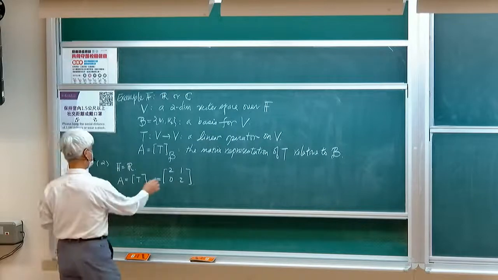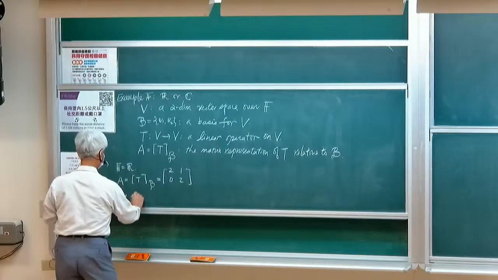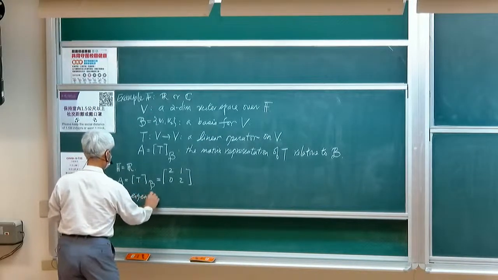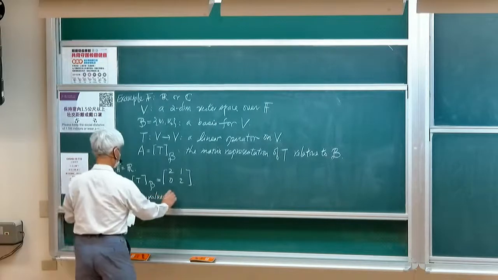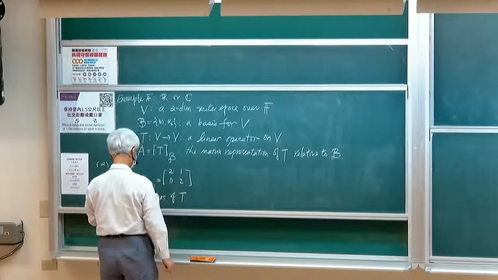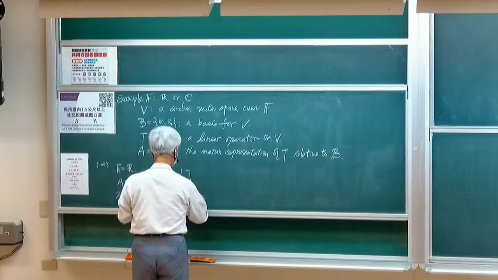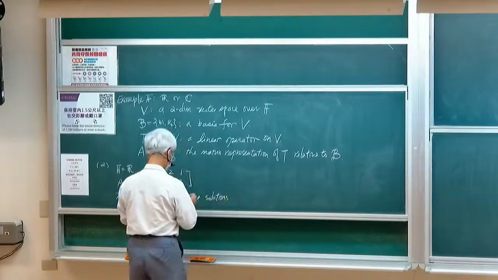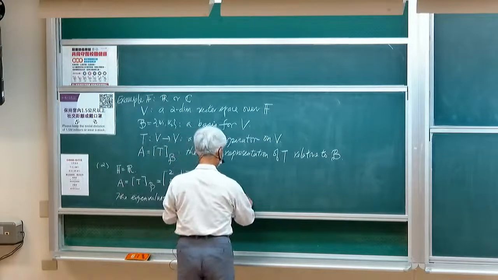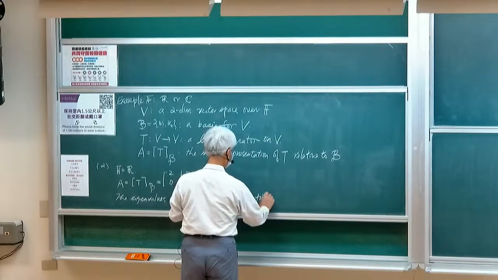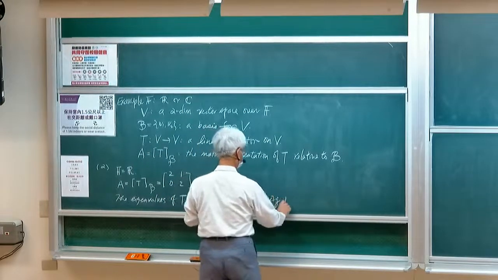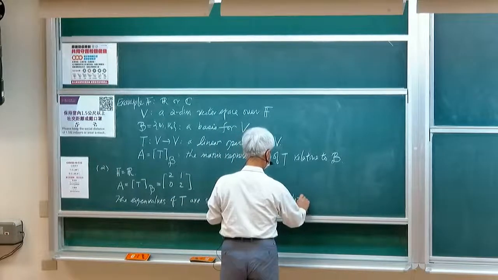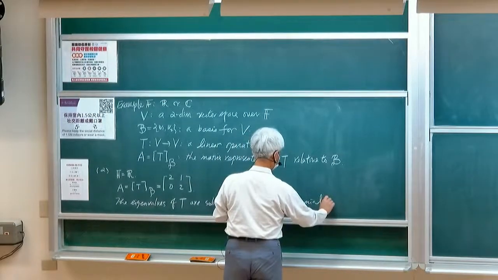In this case, the eigenvalues of T are solutions of the following polynomial in lambda.